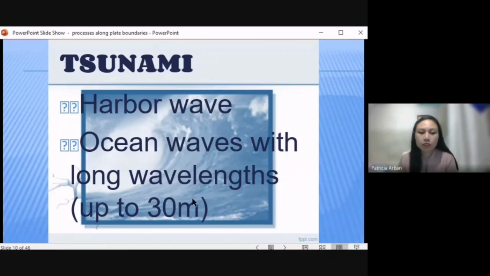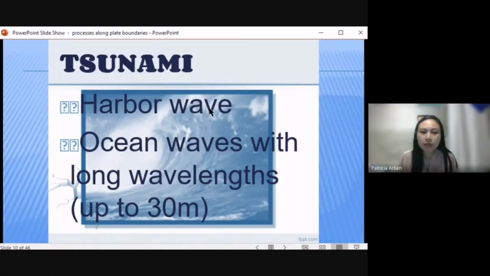Meaning, yung ocean wave na yan kapag tumawid or kapag humampas na siya, that is the 30 meters. And also yung taas niya, para ma-consider as tsunami, it is 30 meters. So, napakataas niyan. Na kapag natabunan ka, medyo maiisip natin kung mabubuhay pa tayo dyan or hindi.